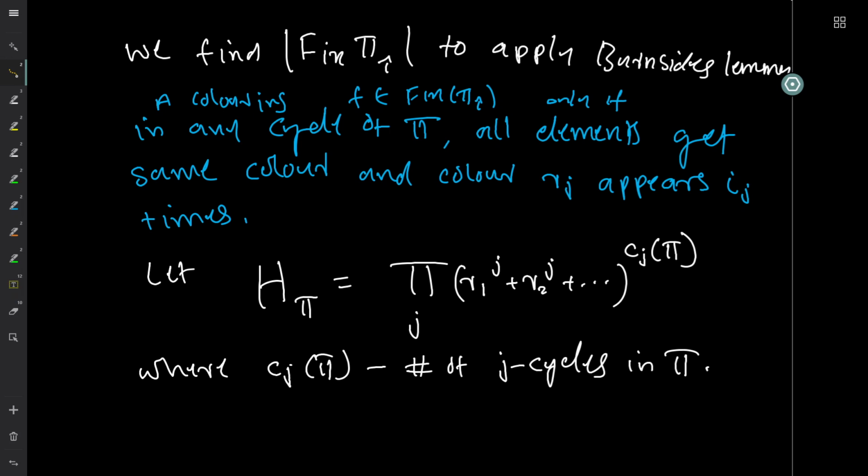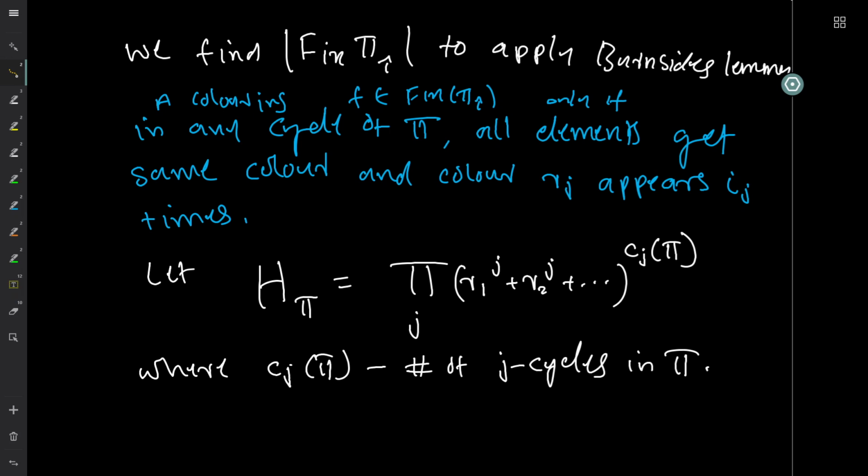If you look at any coloring, then this coloring is fixed by pi I cap only if the cycle structure of pi is such that in any cycle of pi, all the elements get the same color by this coloring f, right? So all elements of this particular cycle that we are looking at in pi should be given the same color by f.